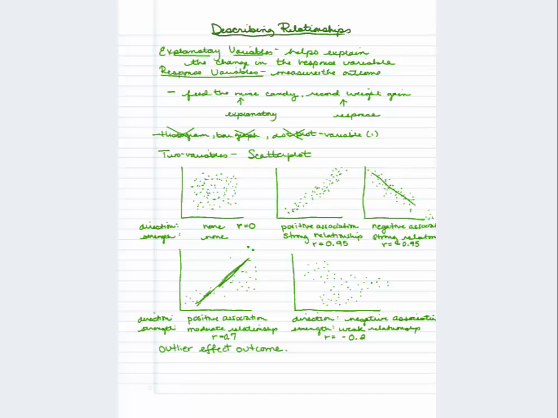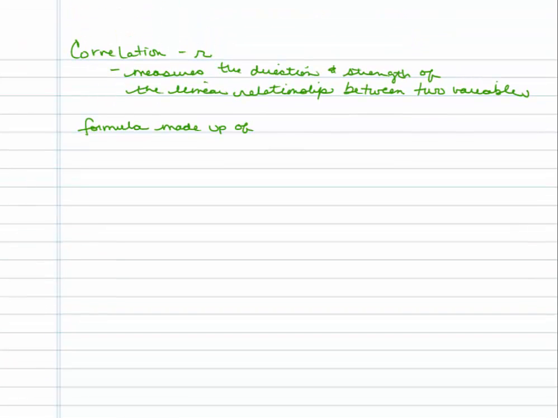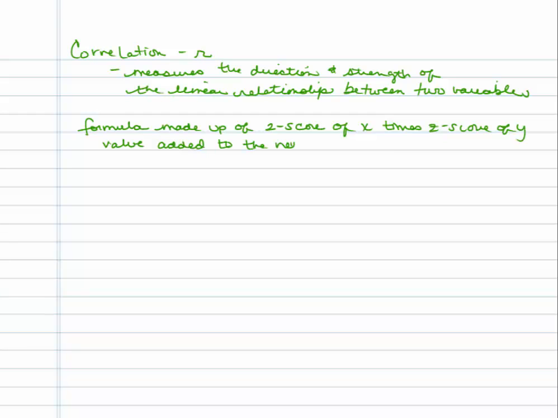is there is a formula that's based on the z-scores, and I'm not going to write it because I don't want to confuse you, but it's made up of the z-score of the x times the z-score of the y value, added to the next x and y value, and so on.